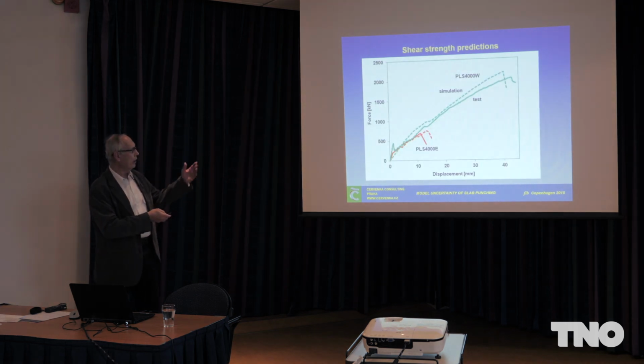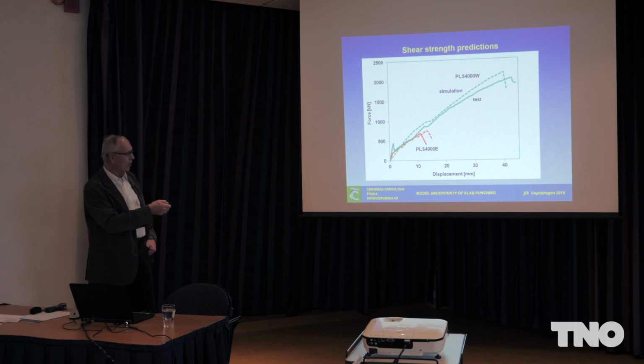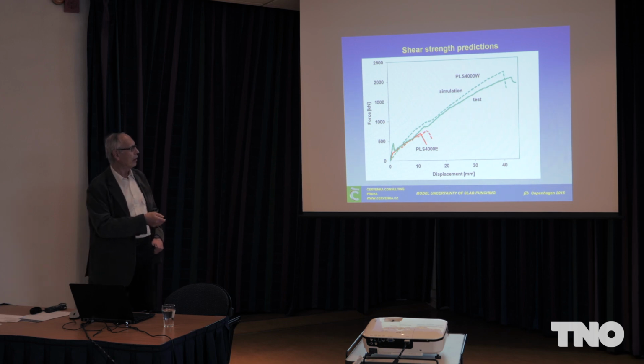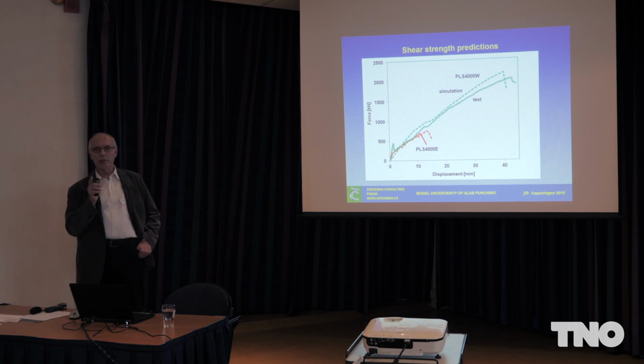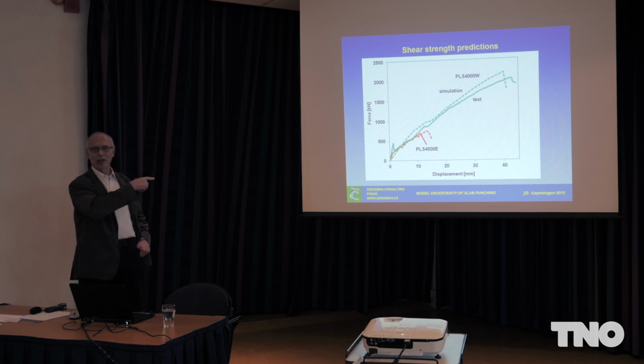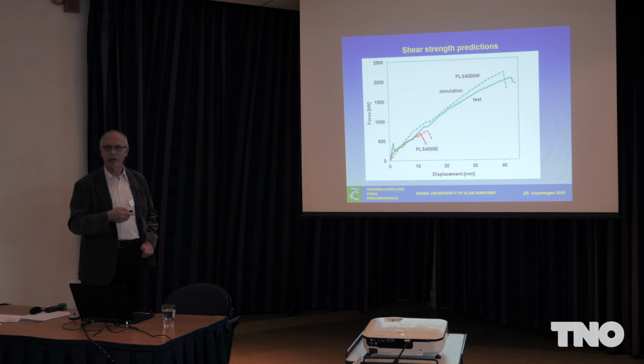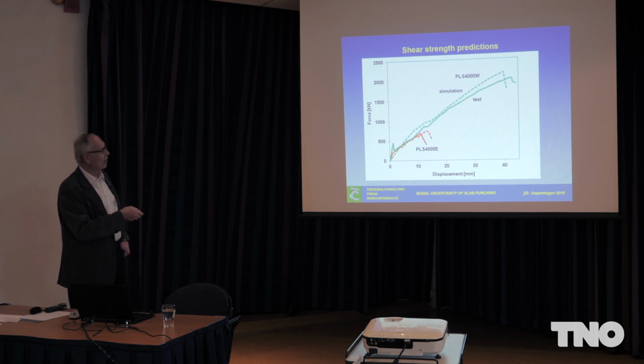So here again are the predictions. It's really surprising how good it was, and there were 66 people in the world trying to predict this. I'm humbly saying we did the best prediction, but it was not easy actually.